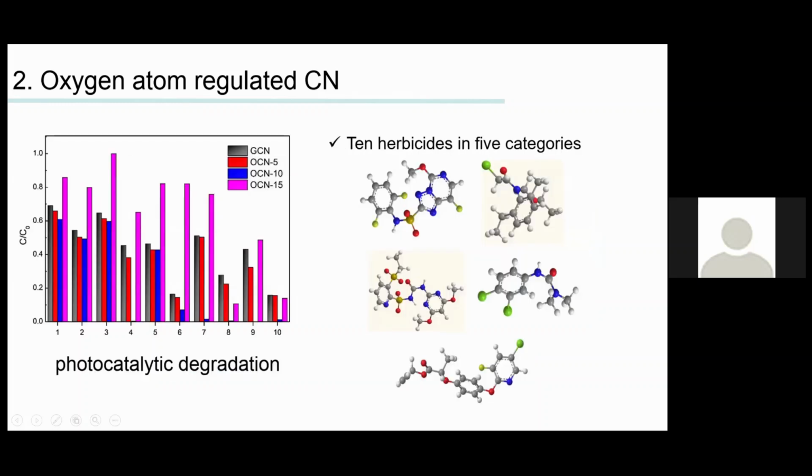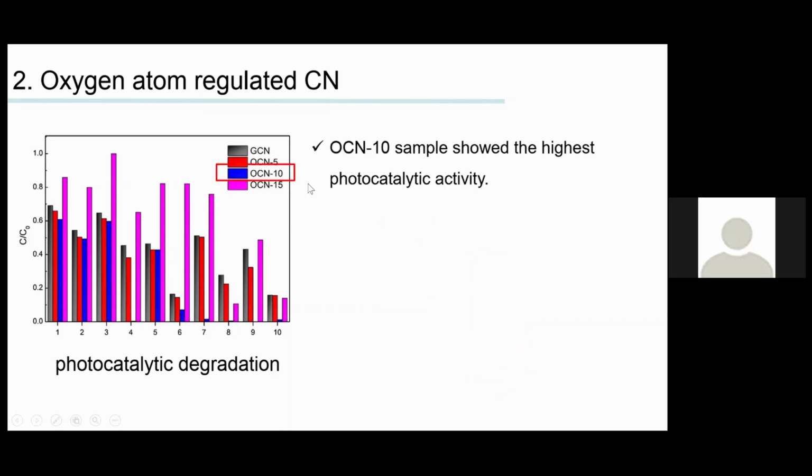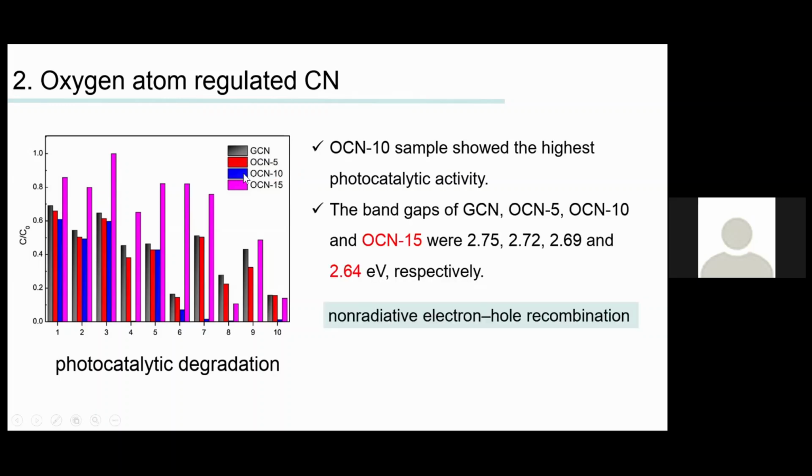The photocatalytic degradation of 10 herbicides in 5 categories by the prepared carbon nitride catalysts is shown in these figures. The OCN10 sample showed the highest photocatalytic activity. The OCN15 sample revealed the lowest photocatalytic activity for most of the investigated herbicides, even though it possessed the narrowest band gap.